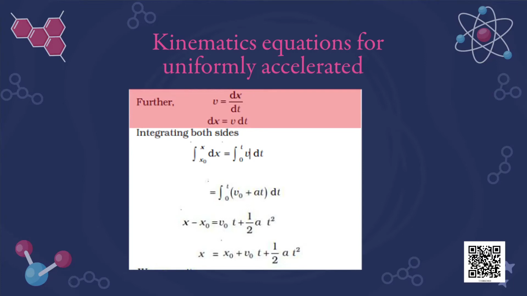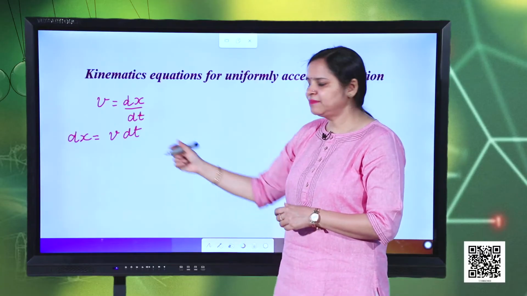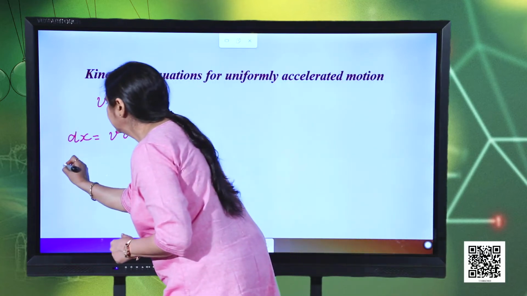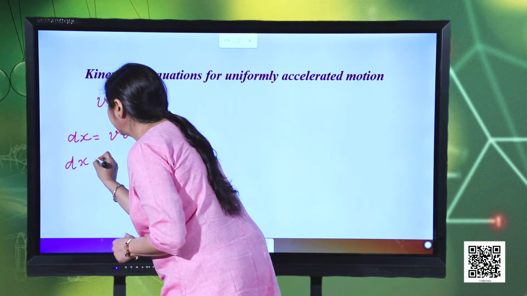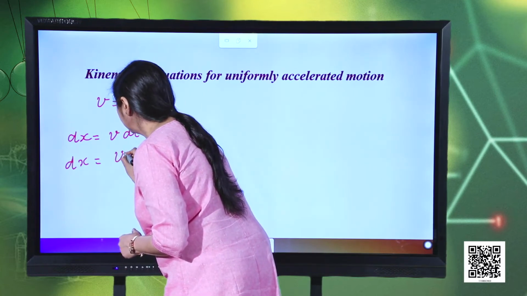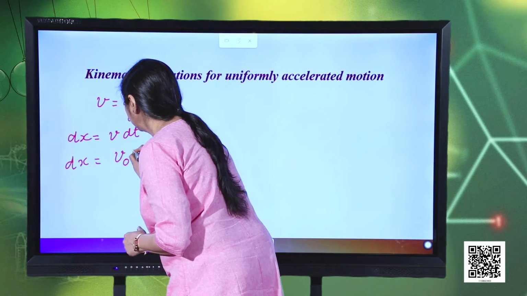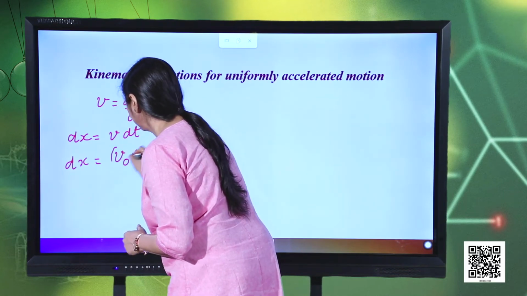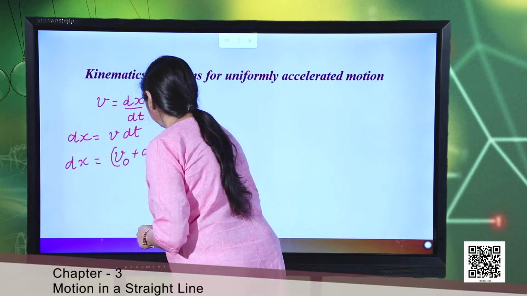Again, it can be written as dx is equal to v times dt, just cross multiplying, and in place of v I am substituting the first equation of motion, that is dx is equal to v naught plus at into dt.